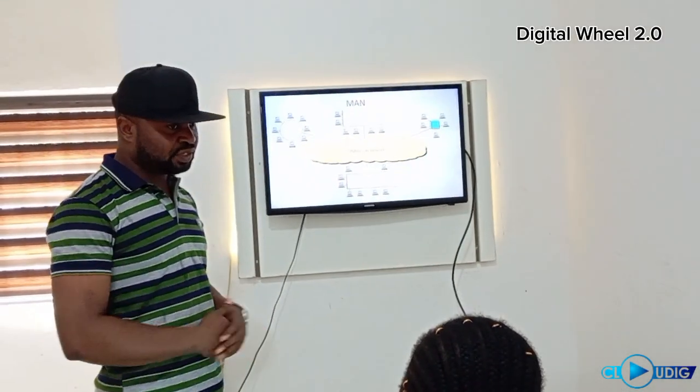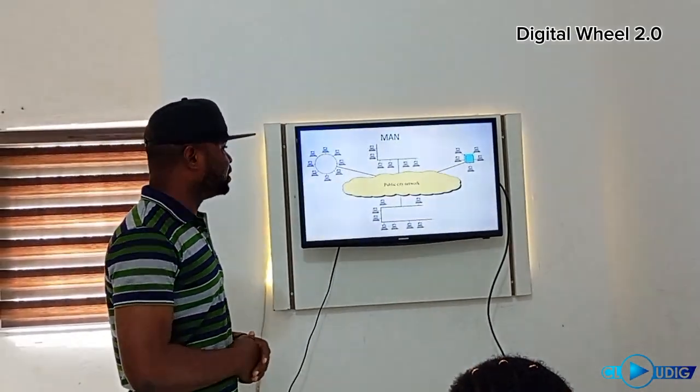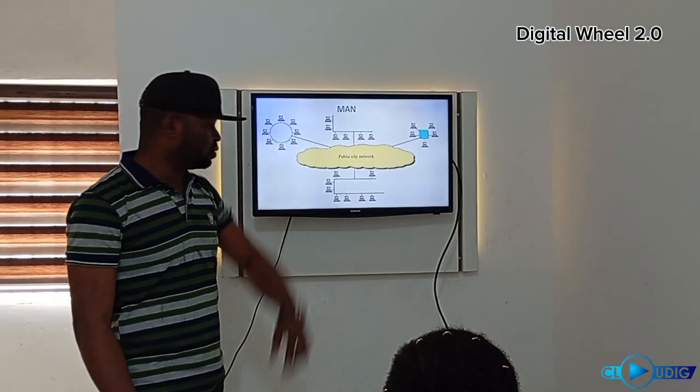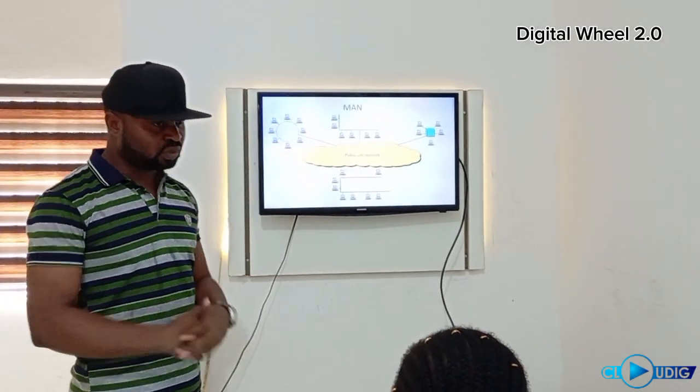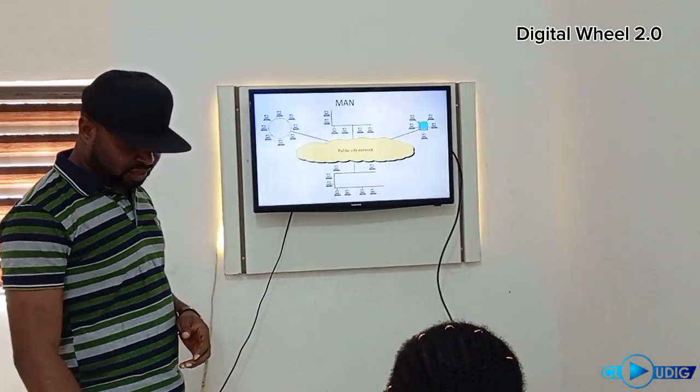They want to get resources and information on the internet that will facilitate their work. Alright, so this is a public city network, and it can be in any location, in any place. It can be a town, a city, or a locality.